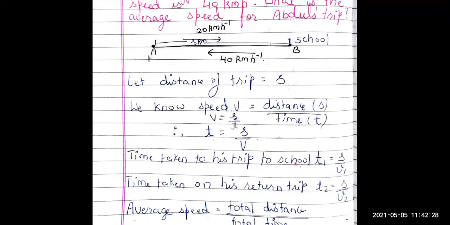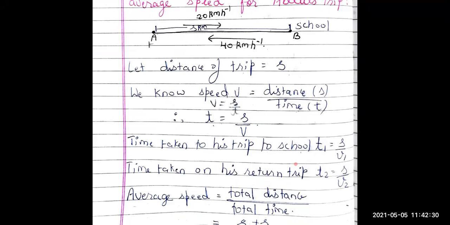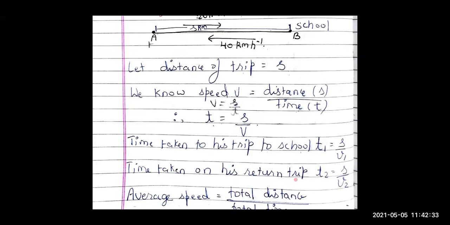So children, when Abdul is moving from home to school, suppose he is covering a distance of s kilometers and he is coming back on the same route, right, beta? So distance of the trip is s while going, and while coming also it will be s, right? Okay.